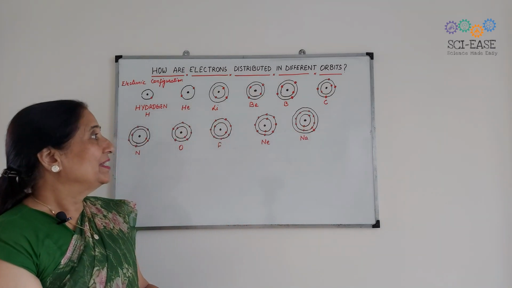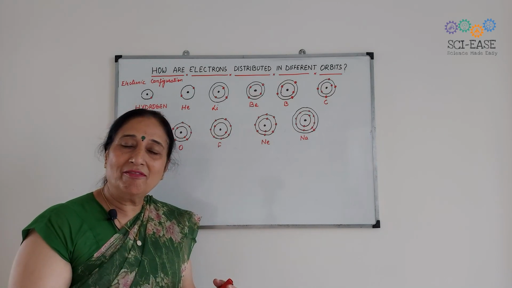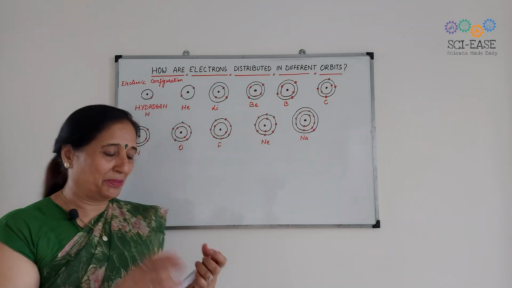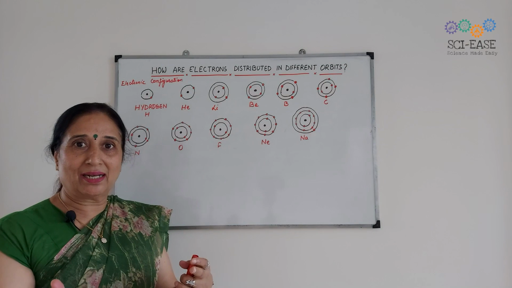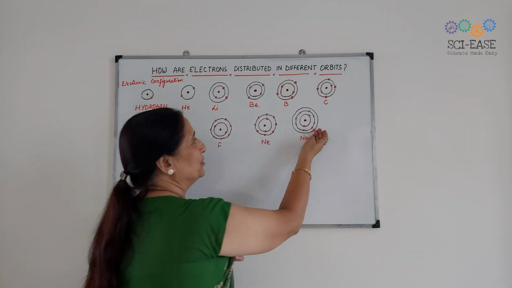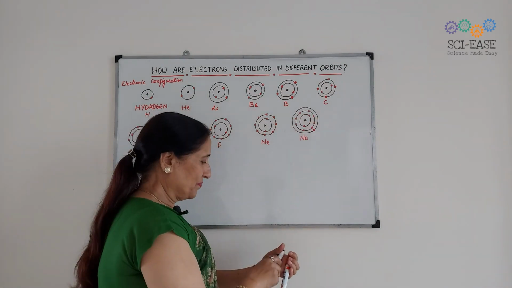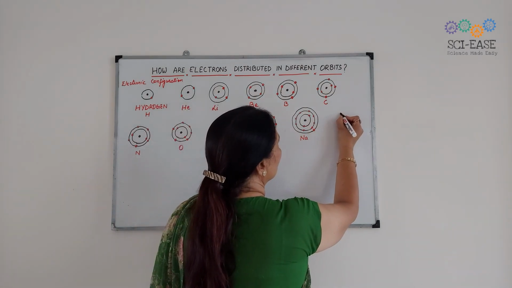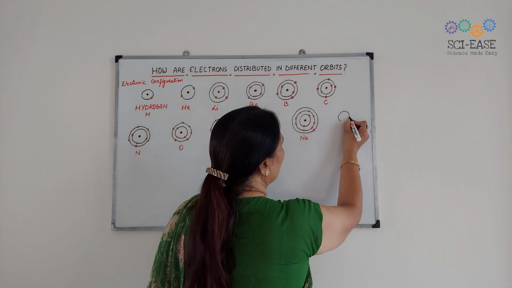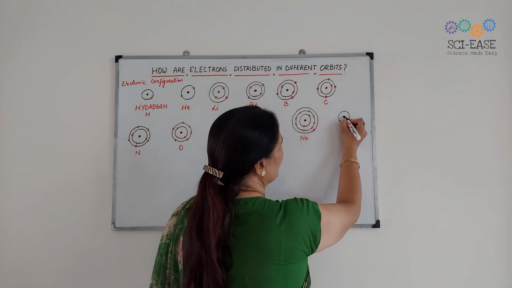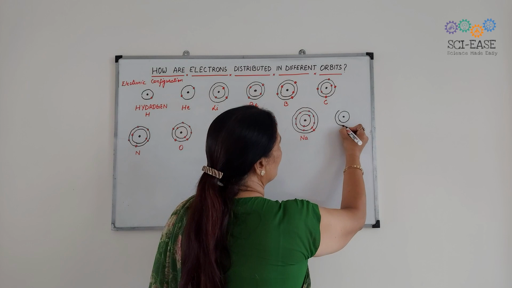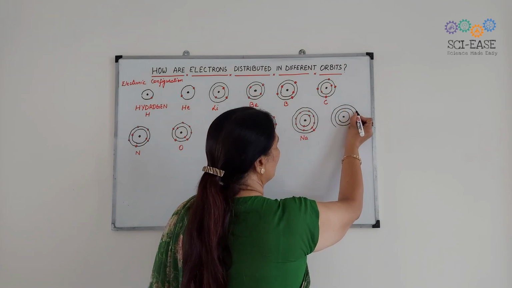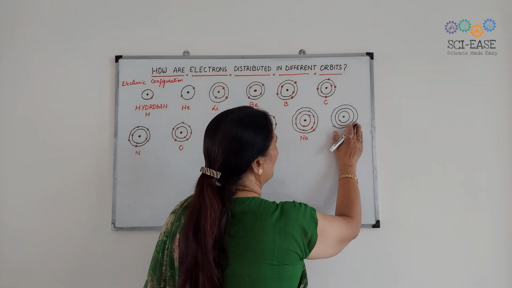Clear? Now, atomic number 12, magnesium. Magnesium has 12. Now there is no problem. You will put another electron in the third shell. So this is the nucleus, this is the first shell, this is the second shell, and this is the third shell. You have to draw 3 shells.